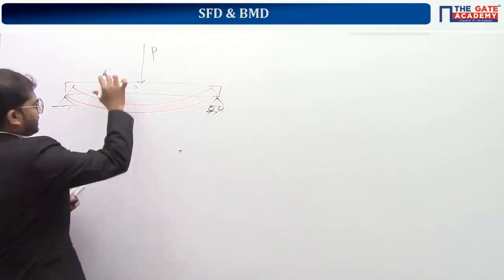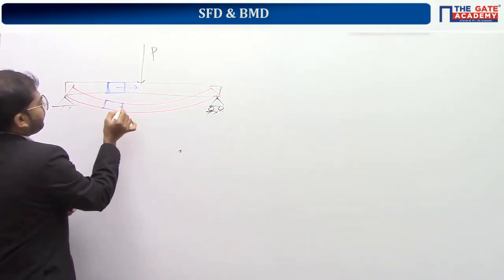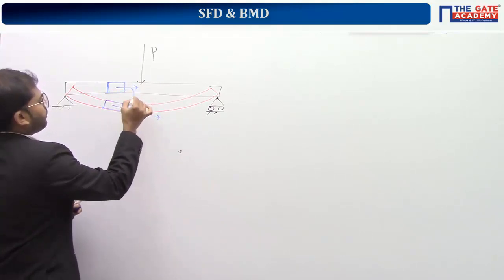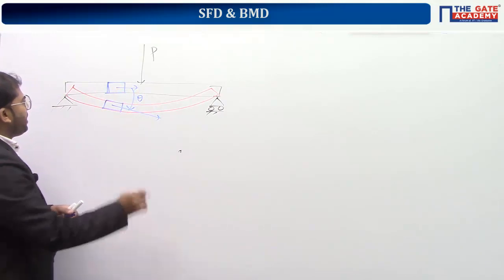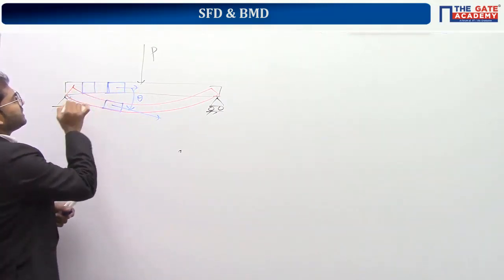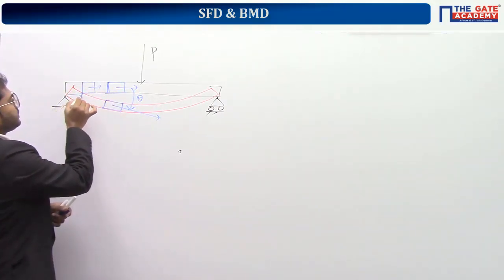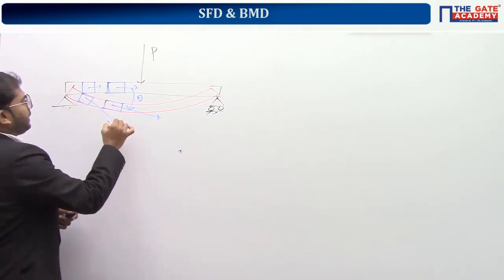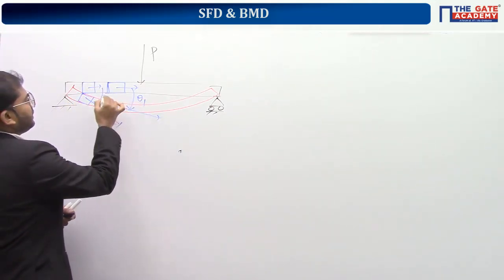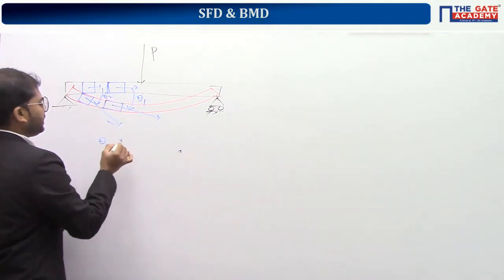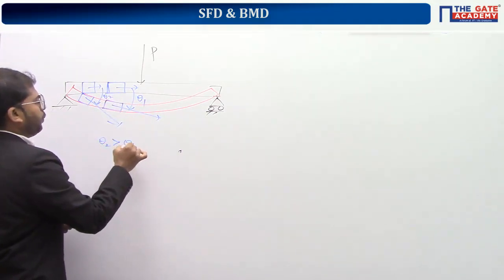So if I see the same member in the bent beam, it got rotated by some angle theta. In the same way, if I take another element which is here, this got rotated by more angle. Let's take this angle as theta 1, this angle as theta 2. So we see theta 2 is greater than theta 1.